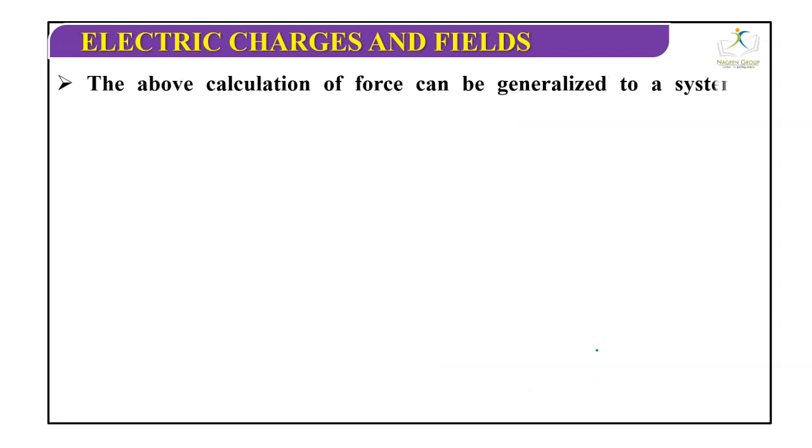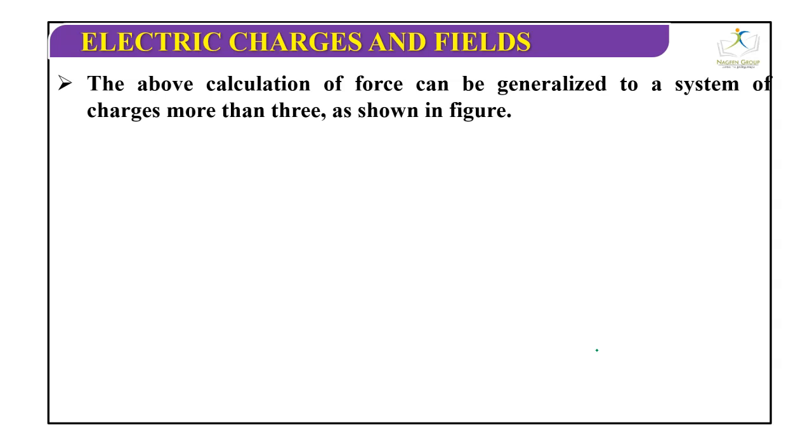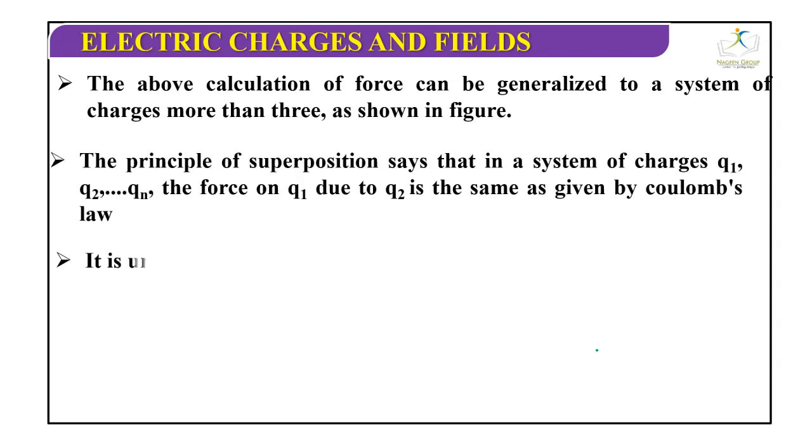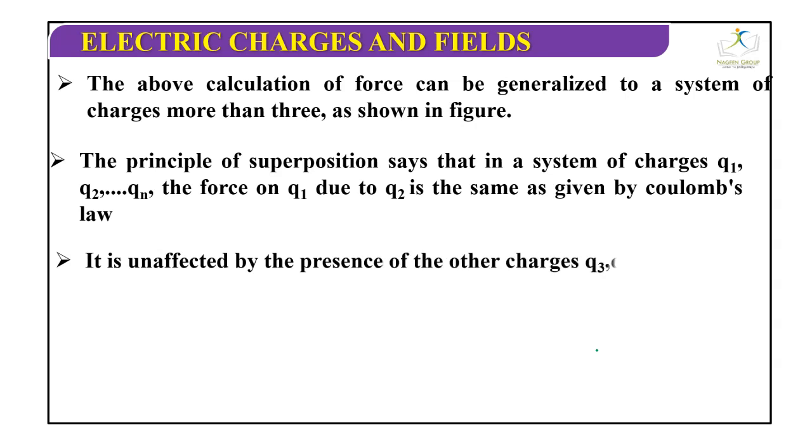The above calculation can be generalized to a system of more than 3 charges. Like we had just taken the earlier example of 3 charges, but it is not compulsory only for 3 charges. It may be n charges. So the principle of superposition says that in a system of Q1, Q2 up to Qn, the force on Q1 due to Q2 is the same by Coulomb's law.